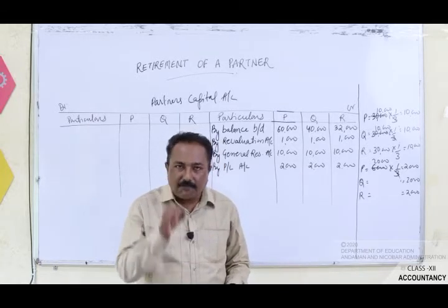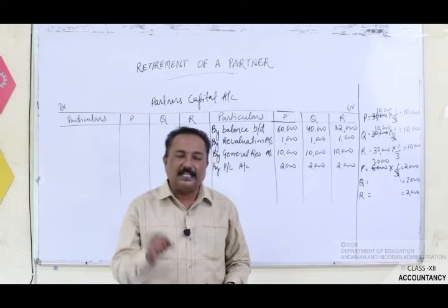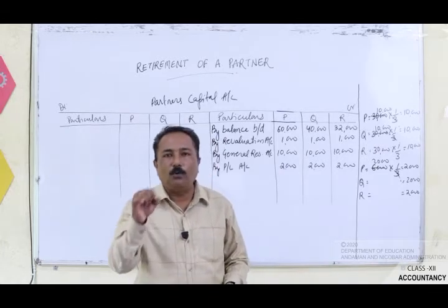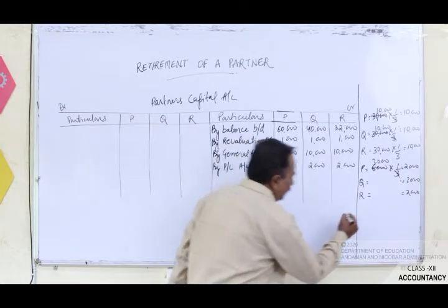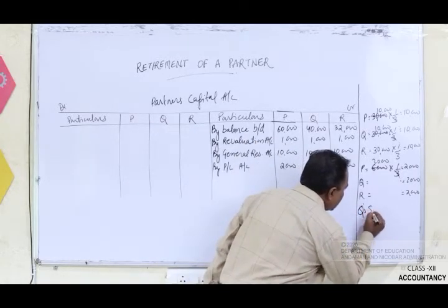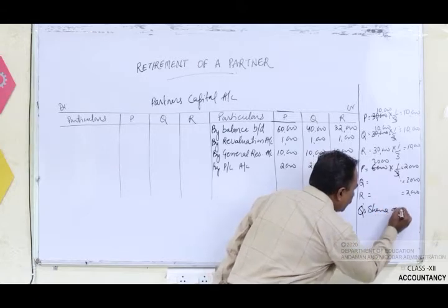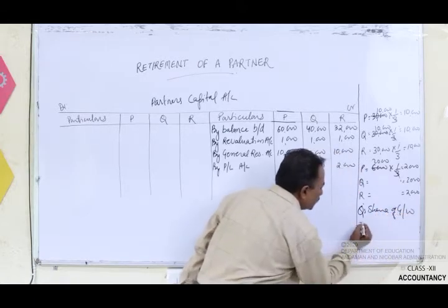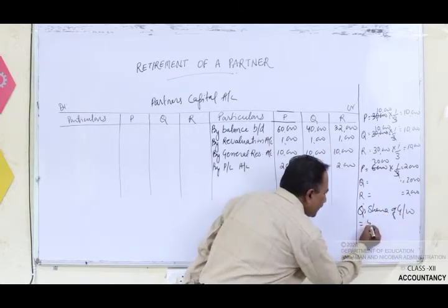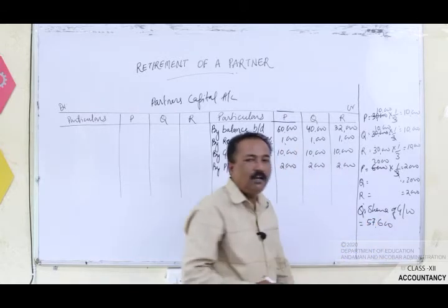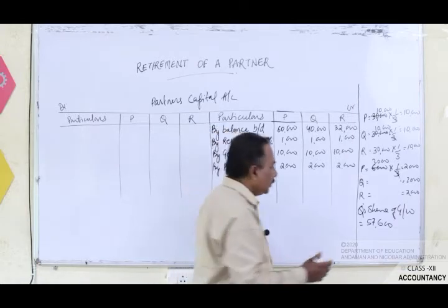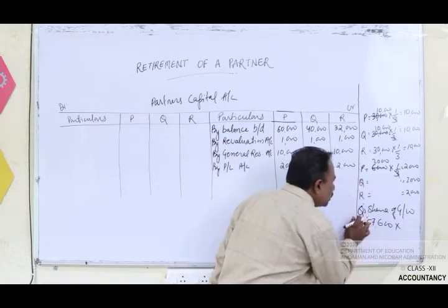Now, let us find out the share of goodwill of the outgoing partner, that is of Q. So, here we will find out Q's share of goodwill is equal to 57,600 rupees, the goodwill of the entire firm, into what was Q's share?